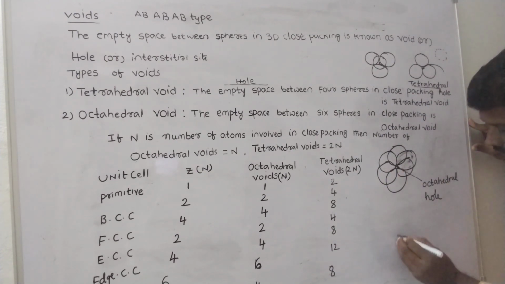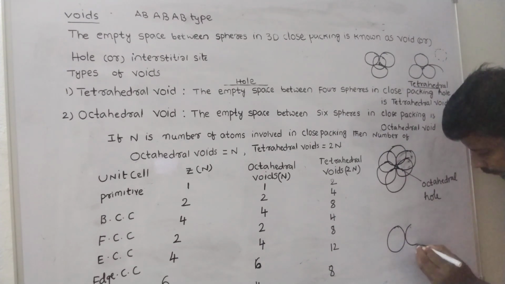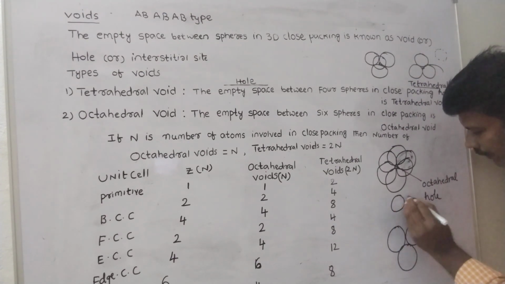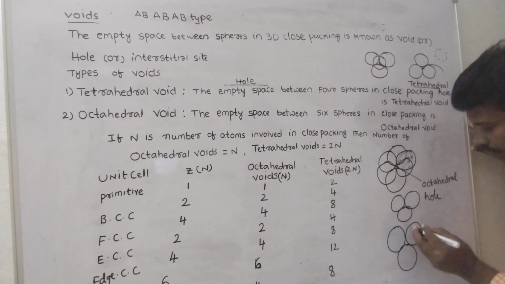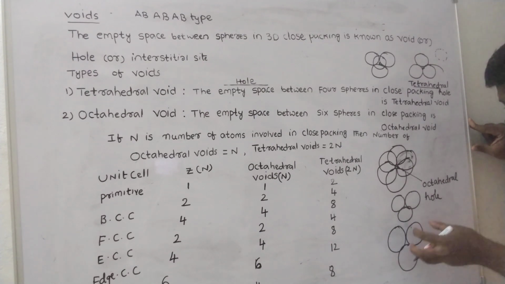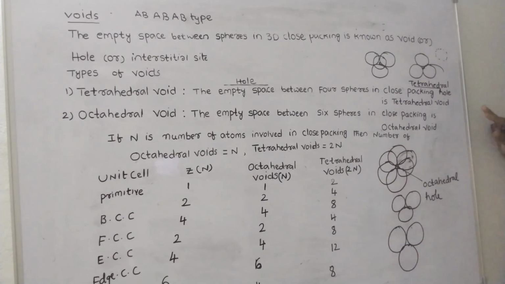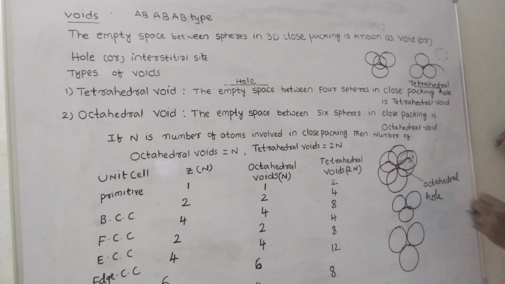This is one representation. What is the other representation? This is one layer and this is another layer. The 6 spheres are in contact with each other, so some empty space is there, and that empty space is called an octahedral void. Okay.